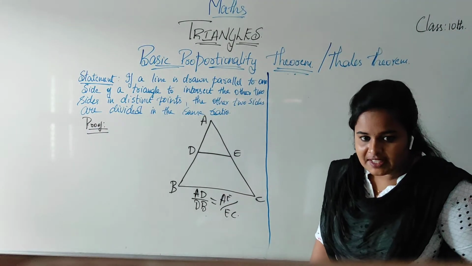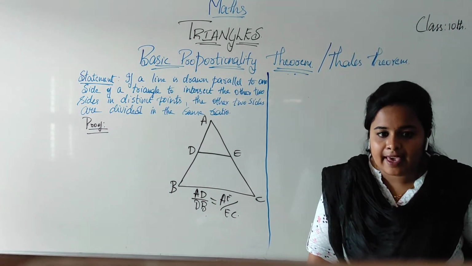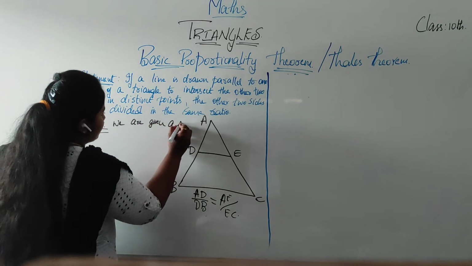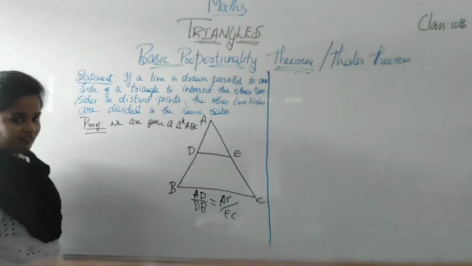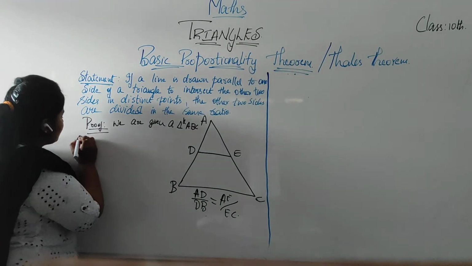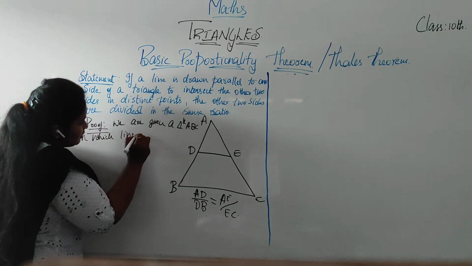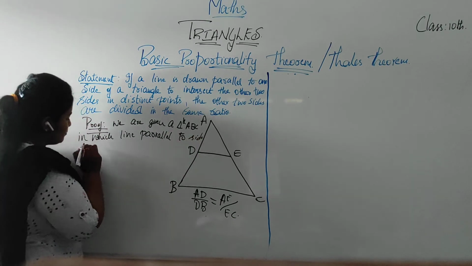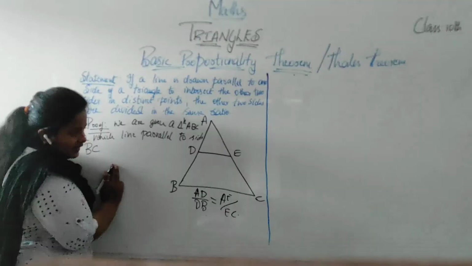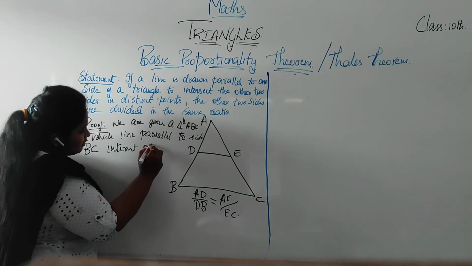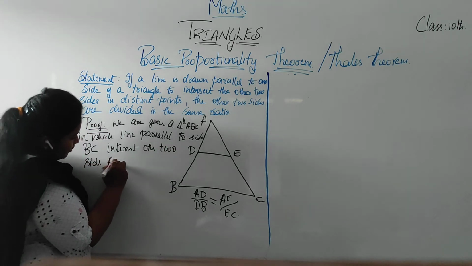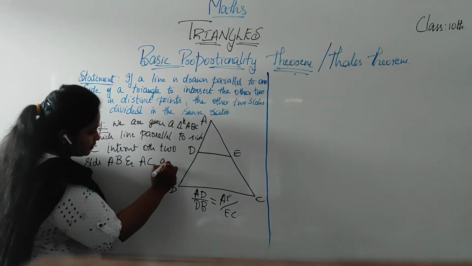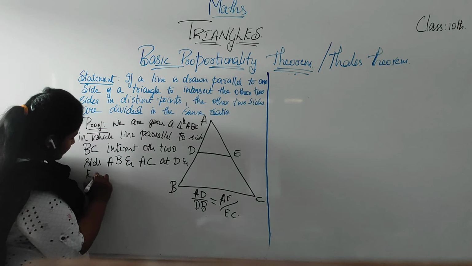The proof is, we are given a triangle ABC in which a line parallel to side BC intersects the other two sides AB and AC at the points D and E respectively.